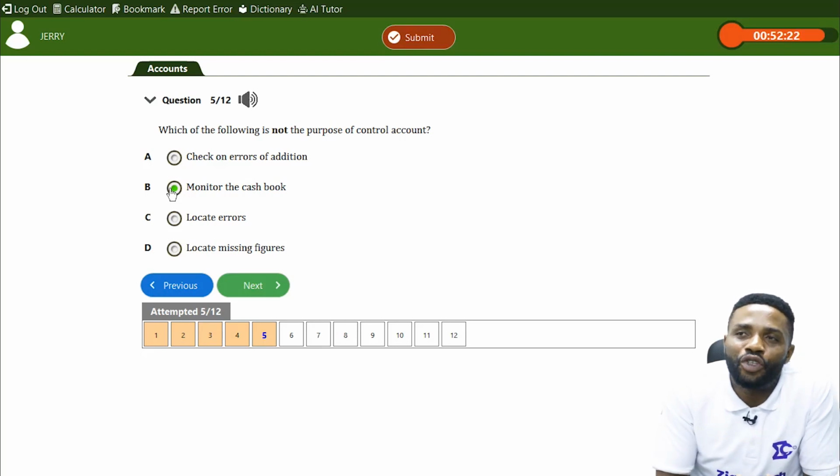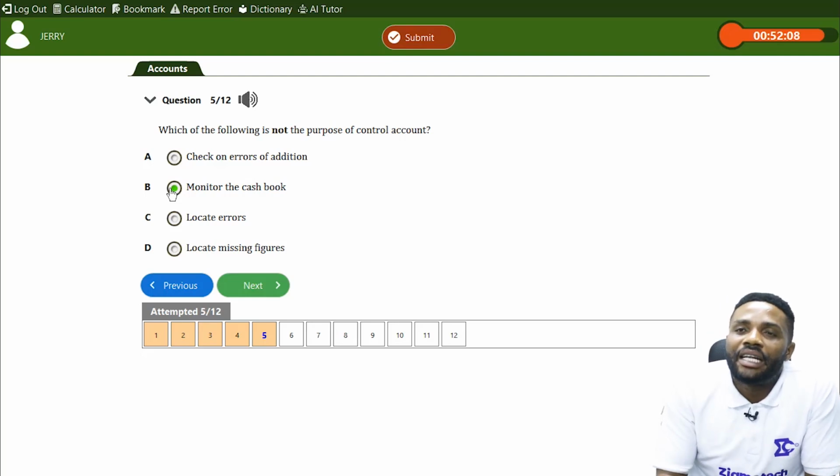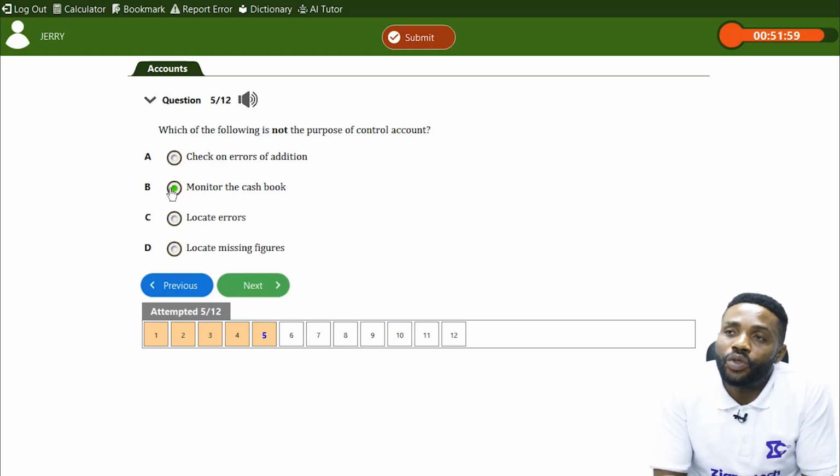Now, to summarize all that we have said so far, we have said that control account is a memorandum account. It comprises of balances extracted from the subsidiary books, which is basically your debtors and your creditors. And we have said that some of the advantages of control account is that it helps us to detect missing figures, it helps us to locate errors, and it also reduces fraudulent practices.